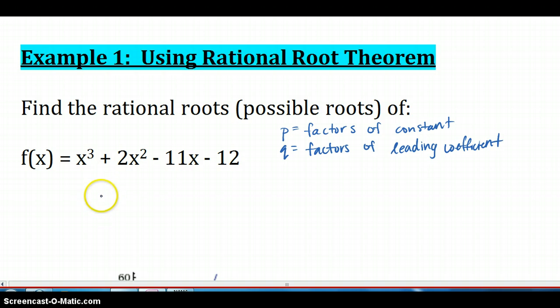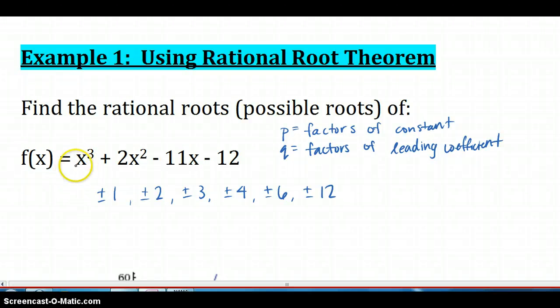So we're going to have plus or minus 1, plus or minus 2, plus or minus 3, plus or minus 4, plus or minus 6, and plus or minus 12. And divide that by the factors of the leading coefficient. Well, our leading coefficient here is just 1, and the factors of 1 are 1. So really, I'm just dividing these all by 1. So these are all of the possible roots, plus or minus 1, 2, 3, 4, 6, and 12.